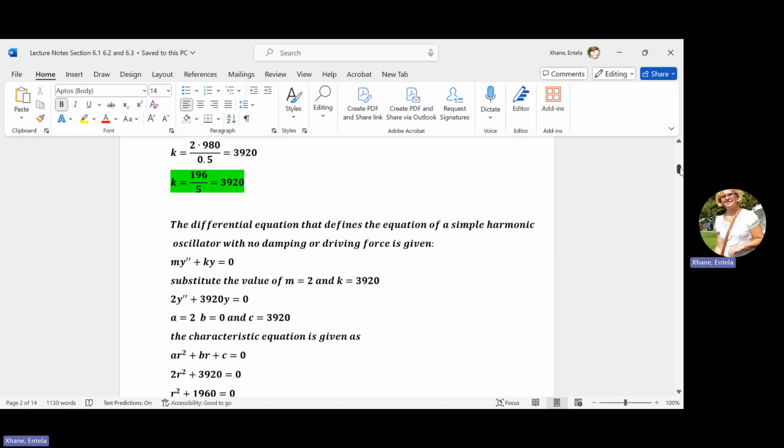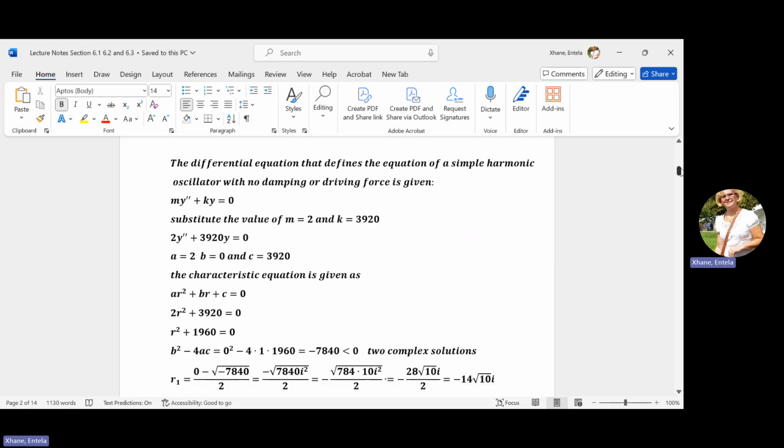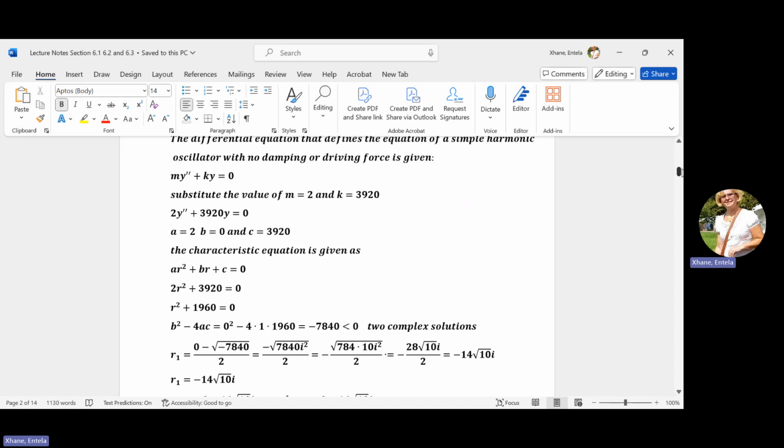So the characteristic equation is 2u double prime plus 3,920u equals 0. I'm using y, I don't know why, but that's okay, it's the same thing.